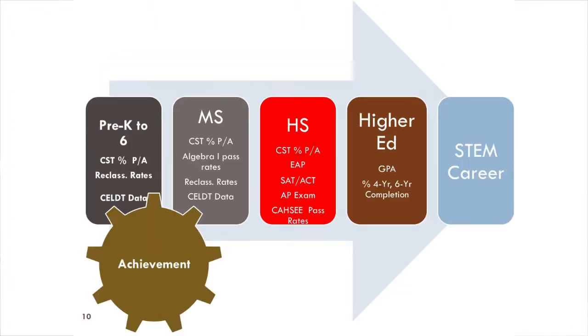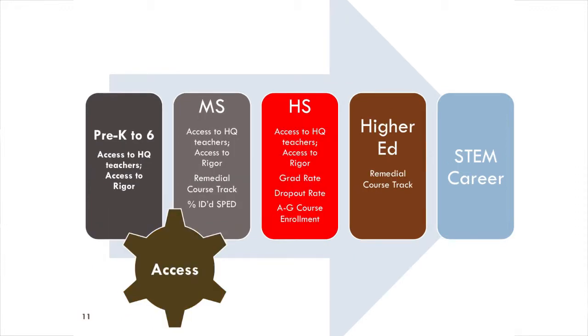So examples of achievement data: CST data, CELT data, pass rates, SAT, ACT exams, AP exams, KC pass rates, GPAs, and completion rates in high school. Examples of access data include access to high-quality teachers, graduation rates, dropout rates, A through G course enrollment, or remedial course track rates.